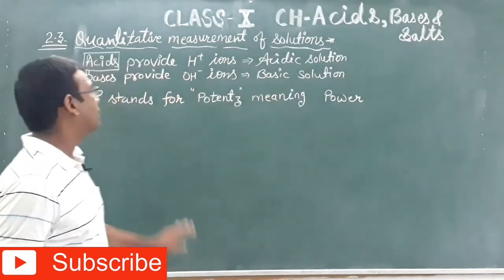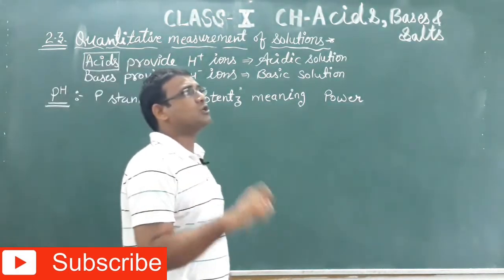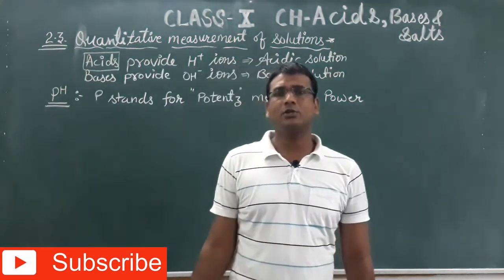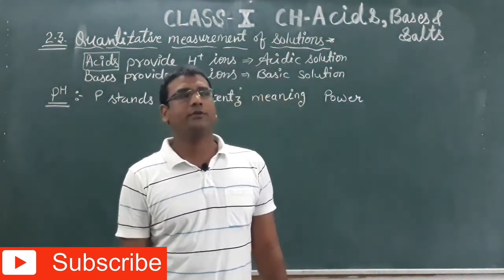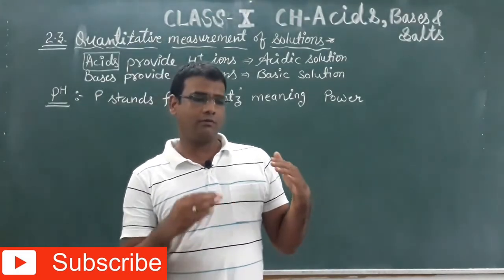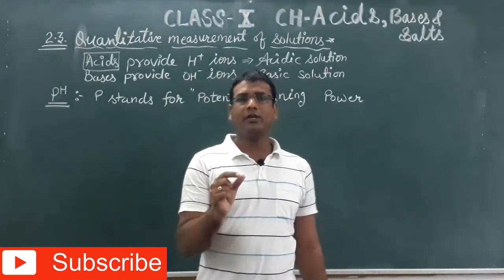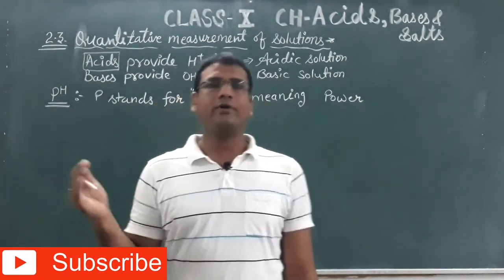With the help of pH we measure the degree of strongness of an acidic or basic solution. It is just the same as we measure the weight of something: 1 gram, 2 gram, 3 gram, 5 gram, 4 gram.